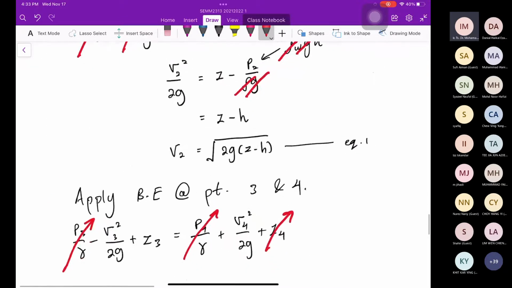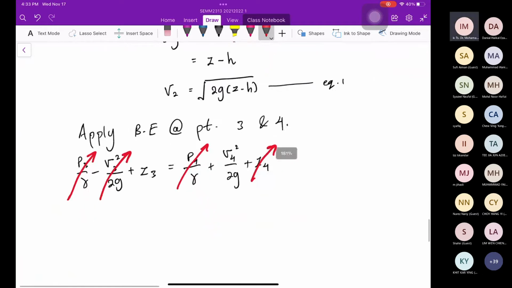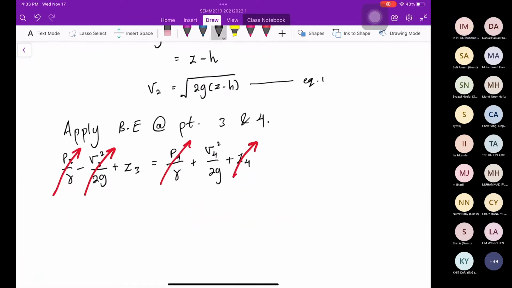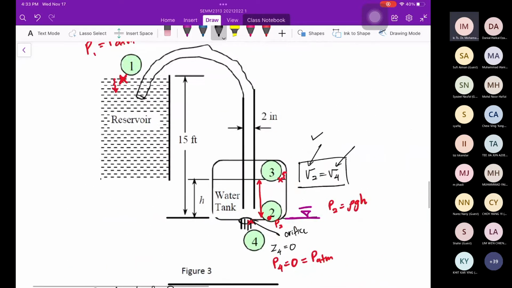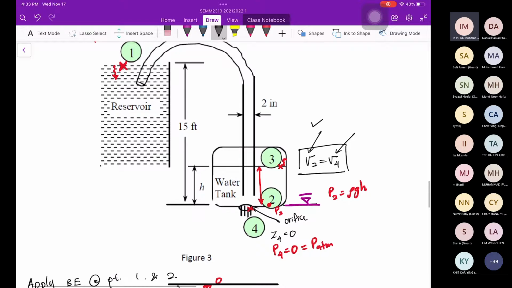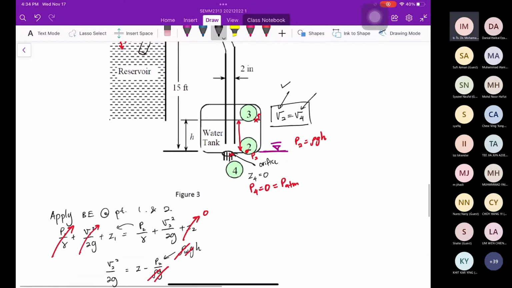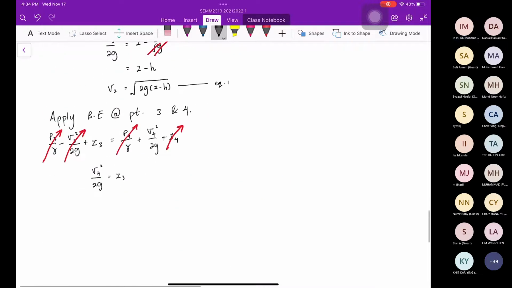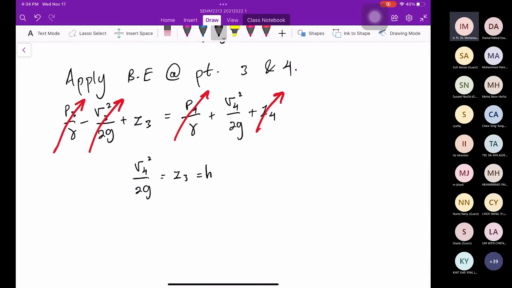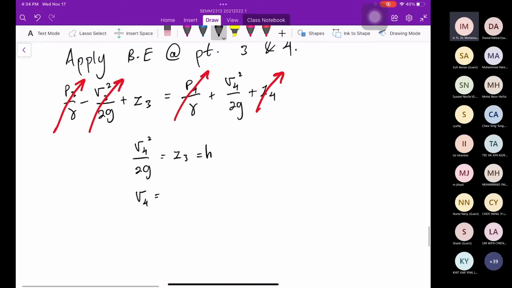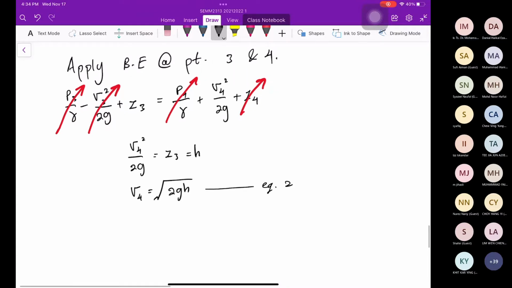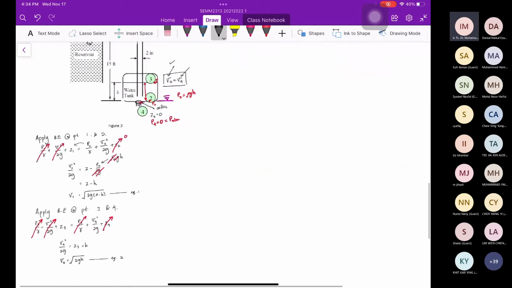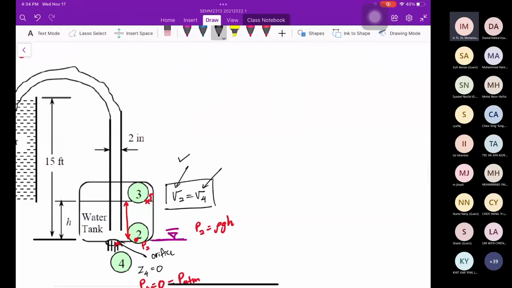It is almost 0. So what do we have now? We only have V4 squared over 2G equal to Z3. So what is our Z3? Our Z3 is H now. So we can replace with H. So V4 equal to square root of 2GH. Let's say this is equation 2. It is given that V2 equal to V4.